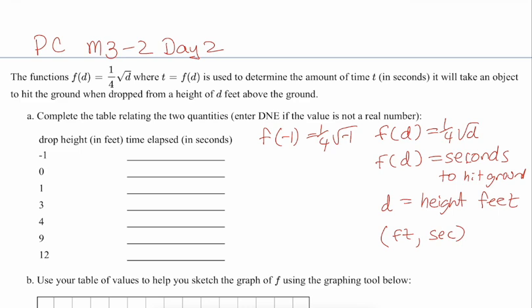No. That's that irrational i. So no, we can't use that. Now they said for iMath, just put DNE for does not exist. But we can plug in anything that is a positive number or 0. Because like, what's the square root of 0? So 1/4 of the square root of 0 is just 0 times 1/4, 0.